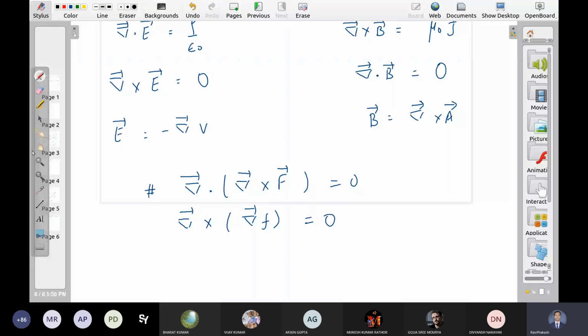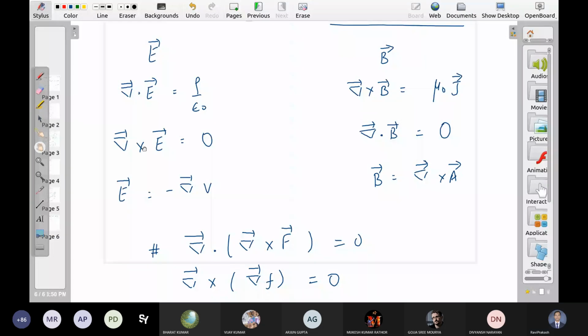Let us verify the same thing again. If I take divergence of this, so divergence of curl of vector E is divergence of 0, 0. कोई issue नहीं है. If I take divergence of this side, क्या होगा? Is equal to 0.